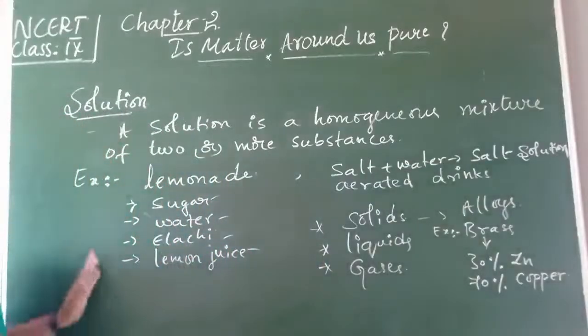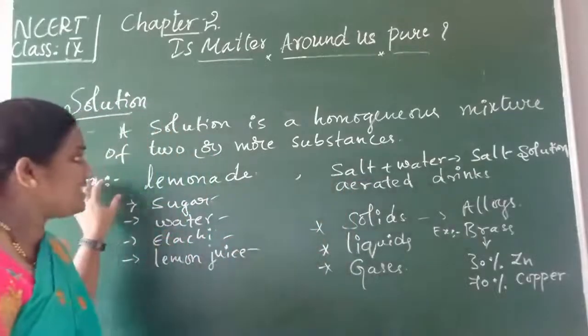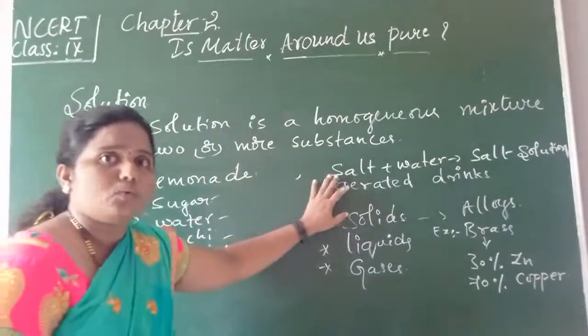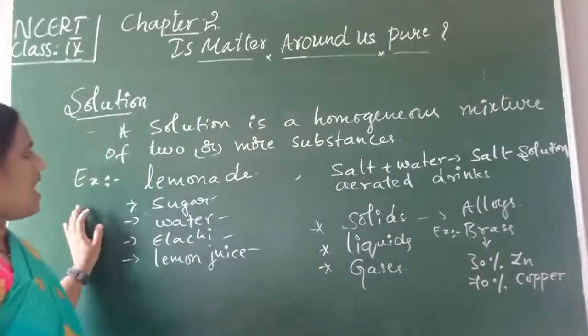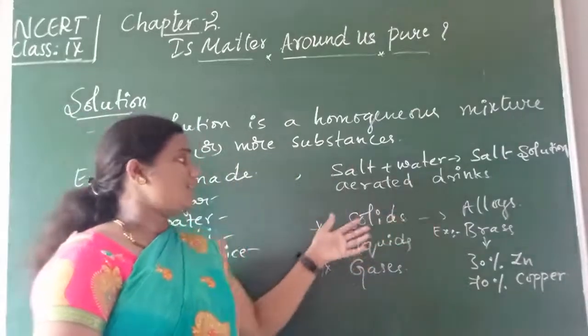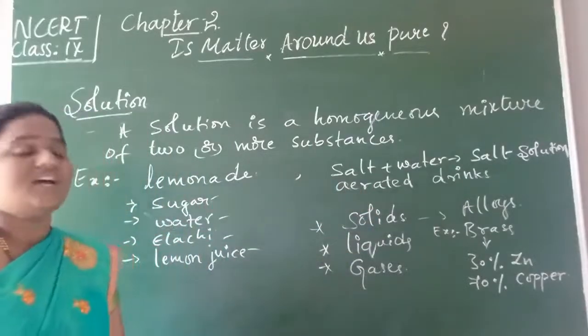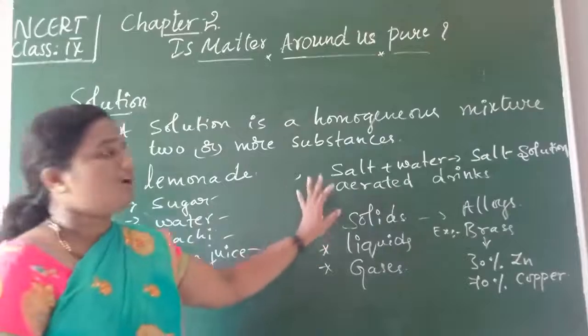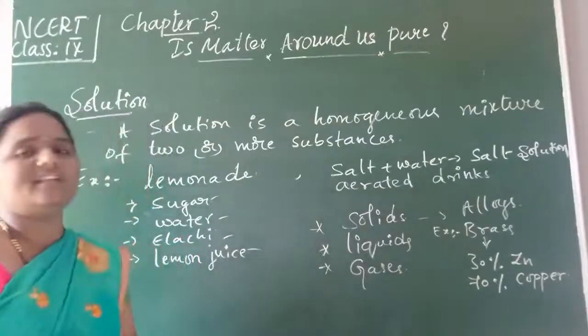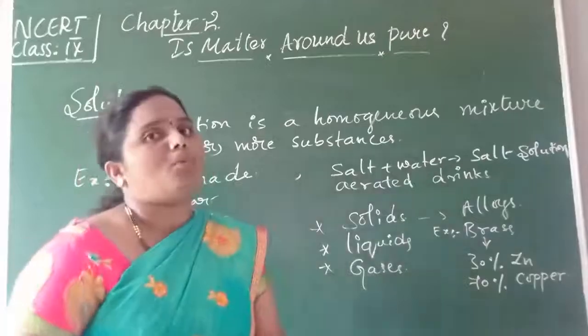A solution is nothing but a homogeneous mixture with uniform composition. It consists of two or more substances. Sugar solution, salt solution, aerated drinks, then solid solutions, liquid solutions, gaseous solutions, these are different types of solutions. And the main thing I want to say here is that a solution will contain two components.